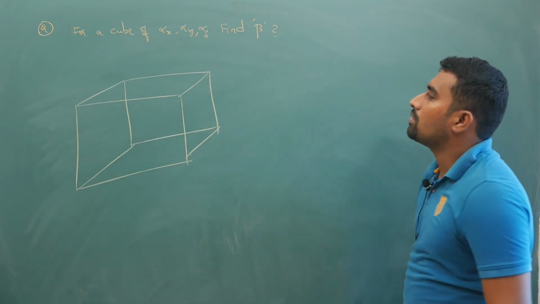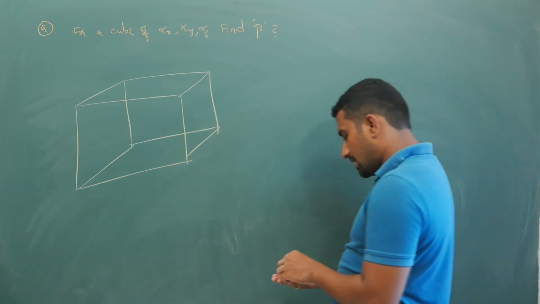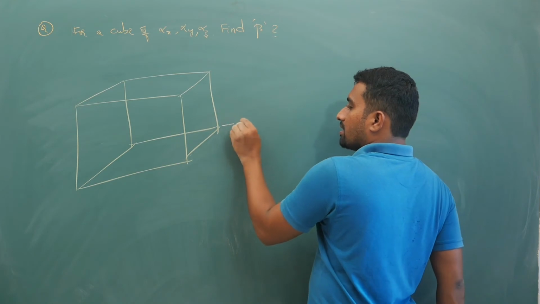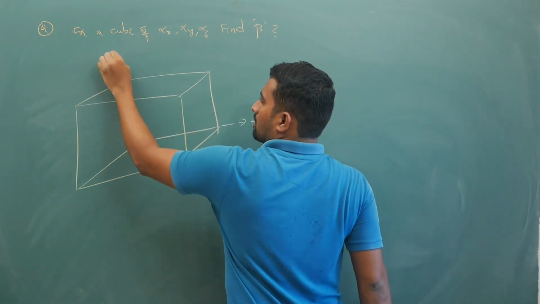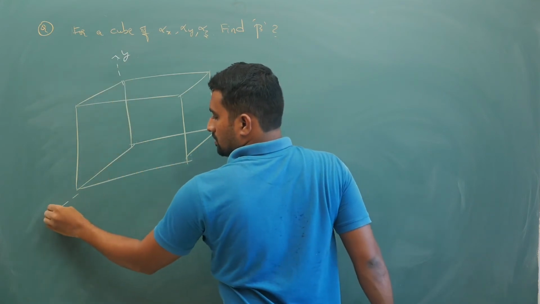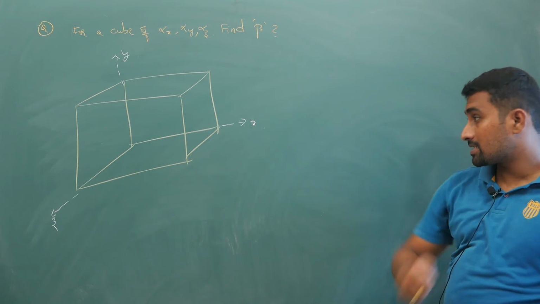Now you are asked beta. Taking each direction, this is the x direction, this is y, this is z direction. So totally you have 3 directions for this cube.